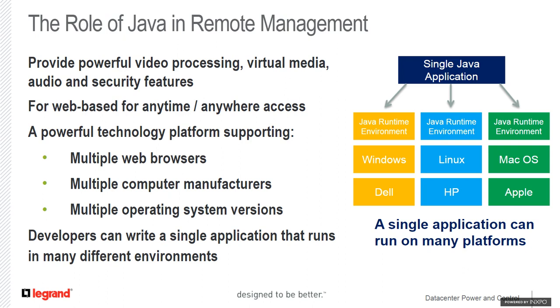Each platform would have its own version of the Java runtime environment. Developers like Raritan can have a single application that runs in multiple browsers and multiple environments. It is kind of an amazing type of technology that's very beneficial.